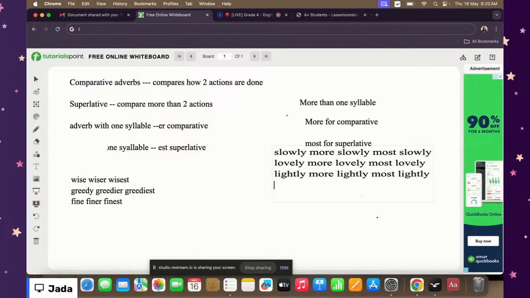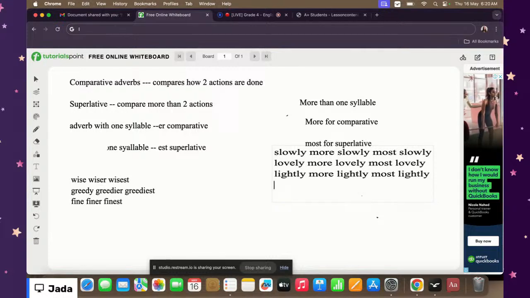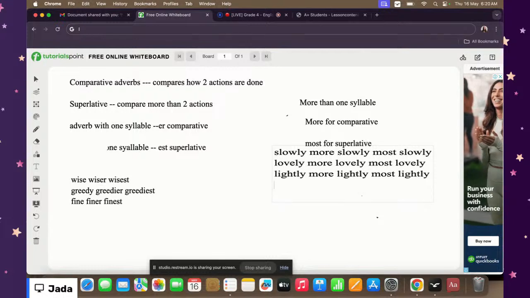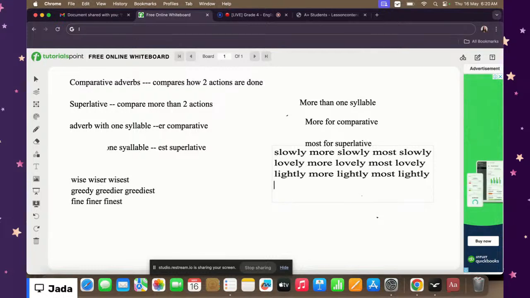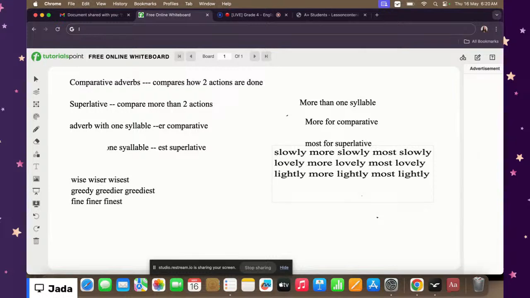Okay, give me some more examples, everyone. Some more examples. We have lightly, more lightly, most lightly. What else do you have? What example do you have next?